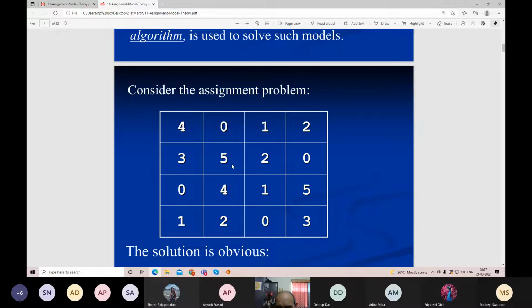If you are assigning the ith worker to the jth job, Cij is the cost to complete the jth job by the ith worker. But you can see here, if the first worker is completing the second job, the cost is 0. Similarly, the third worker is completing the fourth job.